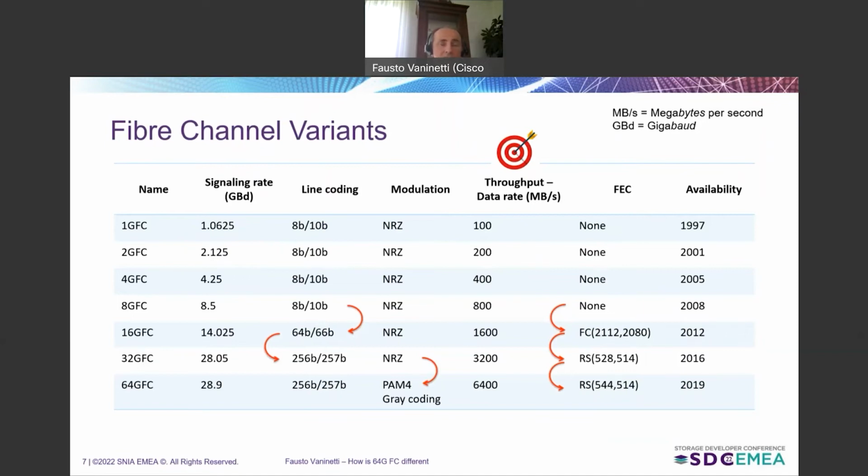But the biggest change has now come with 64 gig Fibre Channel. In fact, for the first time in history, we changed the modulation format. It's no more NRZ, non-return to zero, but it's now called PAM4, Pulse Amplitude Modulation 4 levels. And also, we are using gray coding.